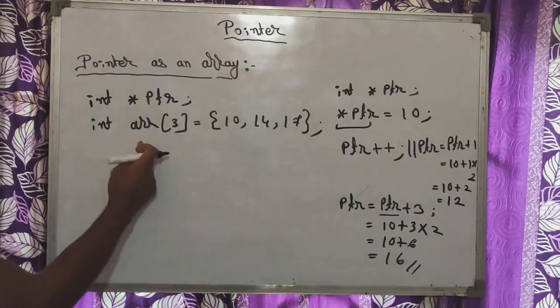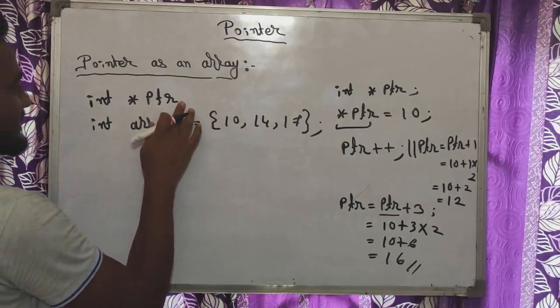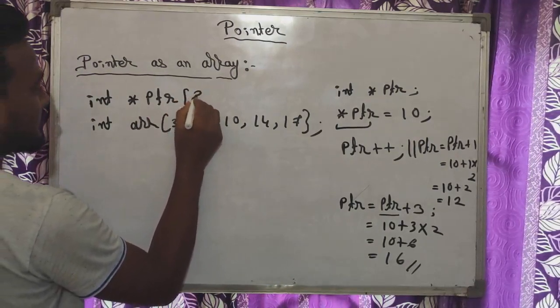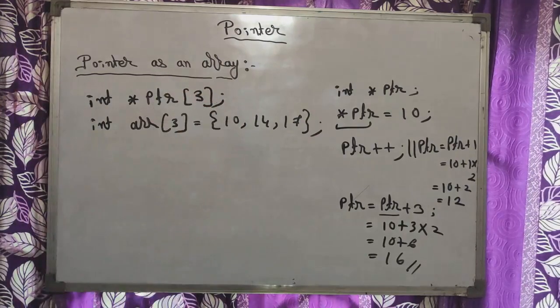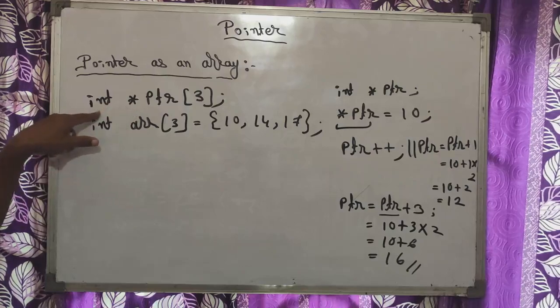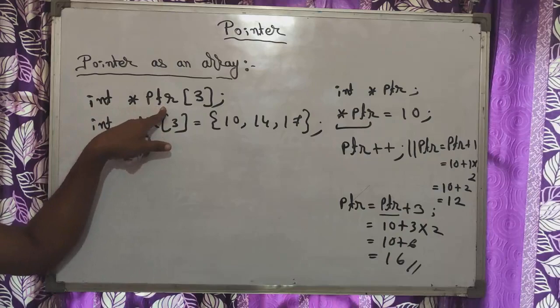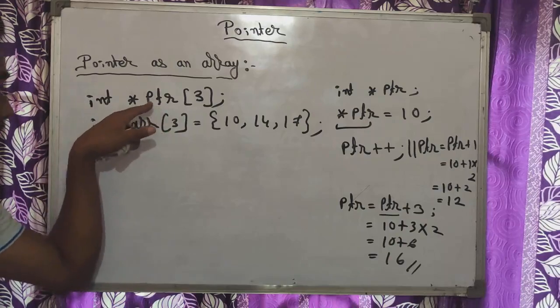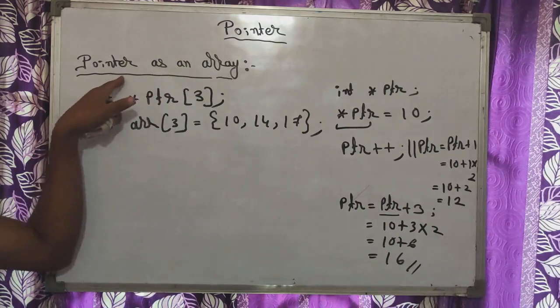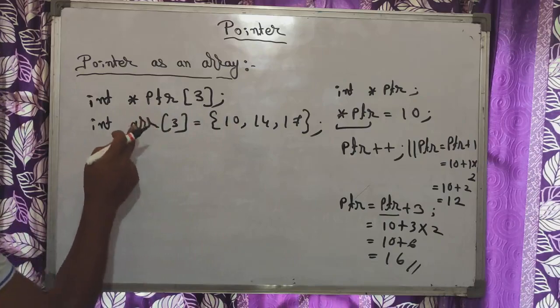So this is a single dimensional array, okay? And we will give here size 3, right? So this ptr is a pointer variable of type integer having size 3. That means this ptr is an array of pointers, or you can say pointer as an array, because we are having the size of this pointer, okay?